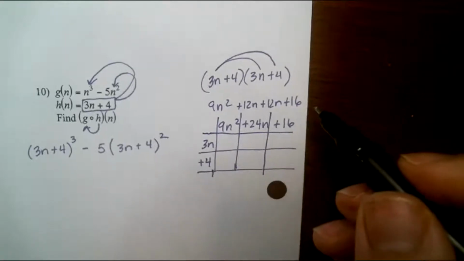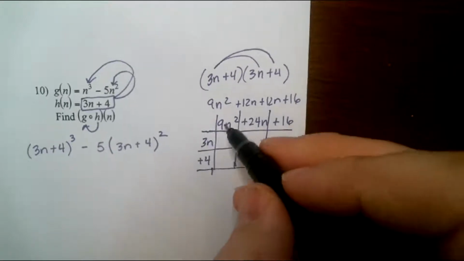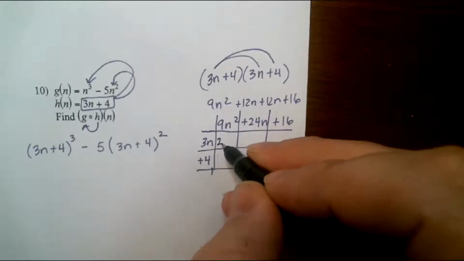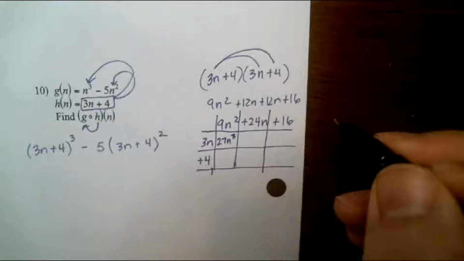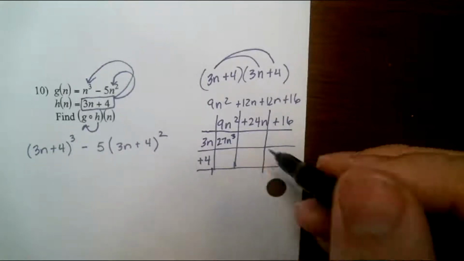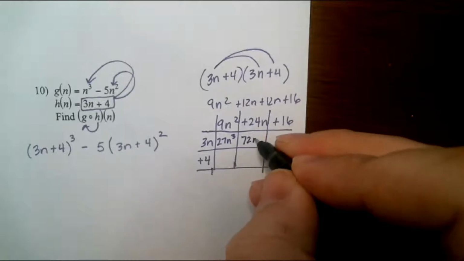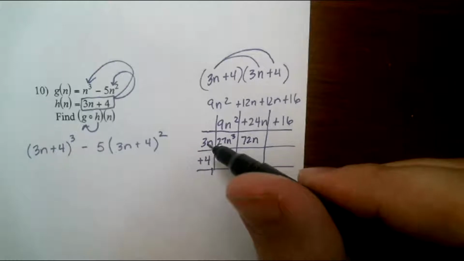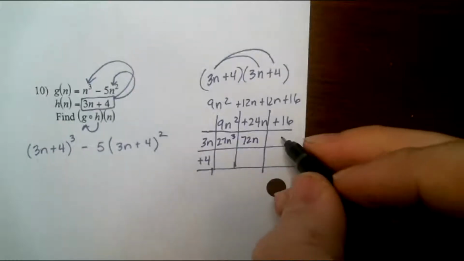So here, 3n times 9n squared would be 27n cubed. 24 times 3 would be 72n. 16 times 3 would be 48n.